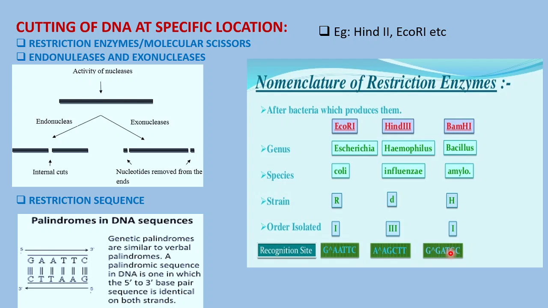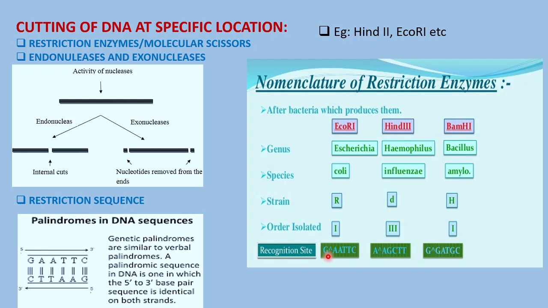So they are very, very specific. Irrespective of what type of DNA it is or where it has been extracted from, if the sequence is present, then EcoRI will act. If the second sequence is present, HindIII will act, and likewise BamHI. Accordingly, we have many types of restriction enzymes which have been isolated since the time it started.